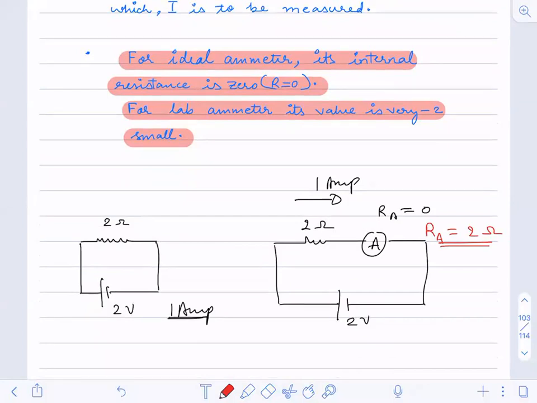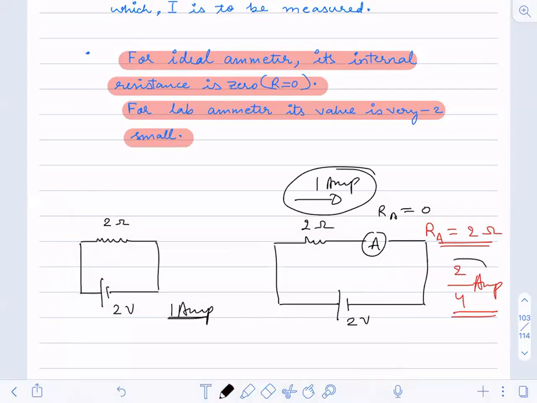It will be 2 divided by 4, so it is 0.5. Few people are writing 2 ampere. Increasing the resistance, current decreases. So this will be the current. Now your current has decreased or not? What it was supposed to be, it was supposed to be 1 ampere.